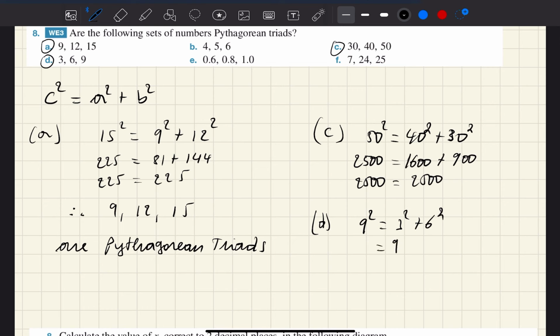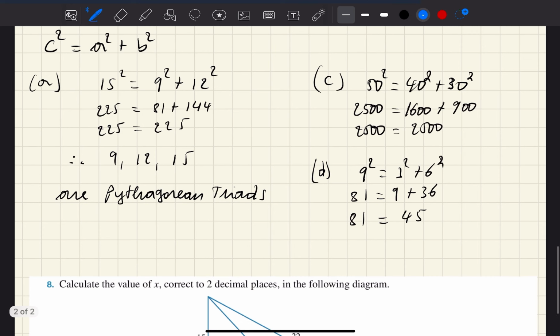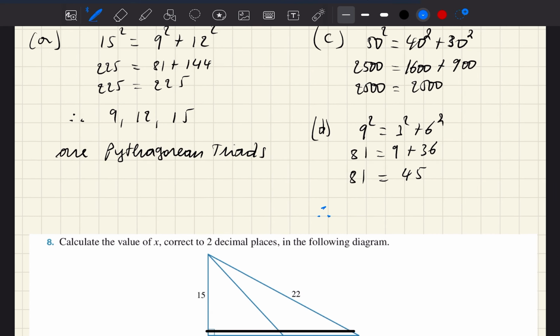This is 9, 36, 81. This is 45, 81. Therefore, you can see that on D, 3, 6, 9 are not Pythagorean, right?